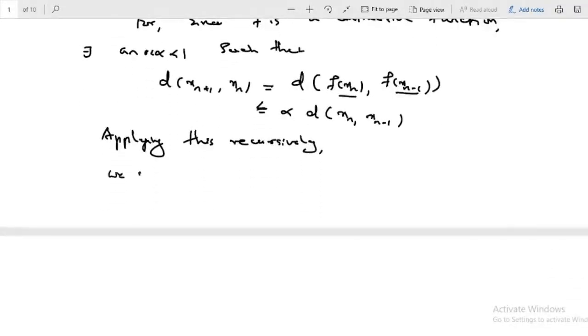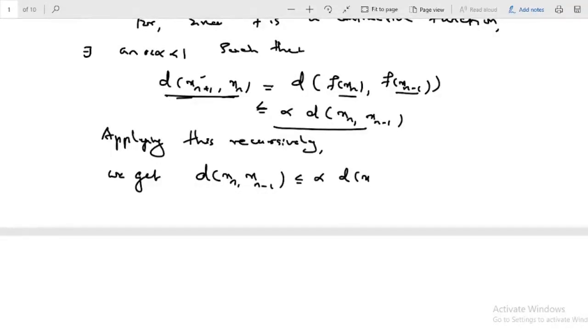the distance between xn plus 1, xn is less than or equal to alpha into d of xn, xn minus 1, and then d of xn, xn minus 1 goes down to xn minus 1, xn minus 2, and so on. If it goes down like this, let us think of d of x3, x2, which is less than or equal to alpha into d of x2, x1.